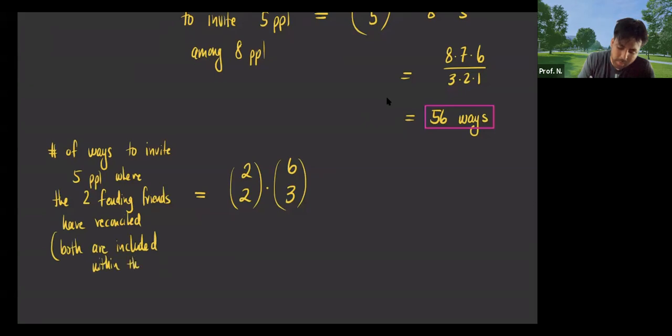Again, we're doing complementary counting, right? They want to know how many ways you can create a group of 5 people where there's 2 people that can't be in the same group. So that's fine, we can look at it that way. Or we can say, hey, what if they were invited and included? How many ways is that?